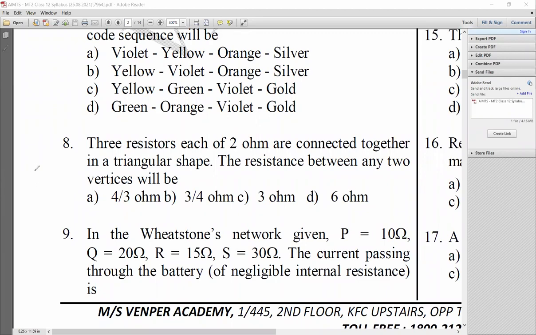So let's say there are three resistors somewhat like this, connected in a triangular shape. Each of 2 ohm. This is 2, this is 2, this is also 2.